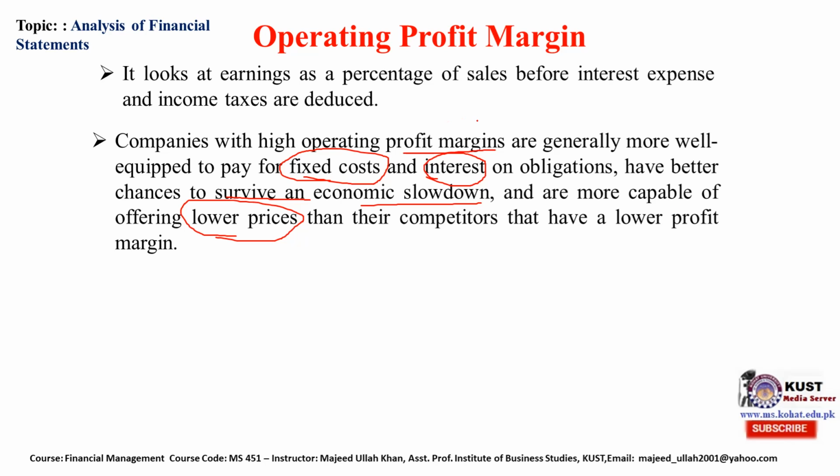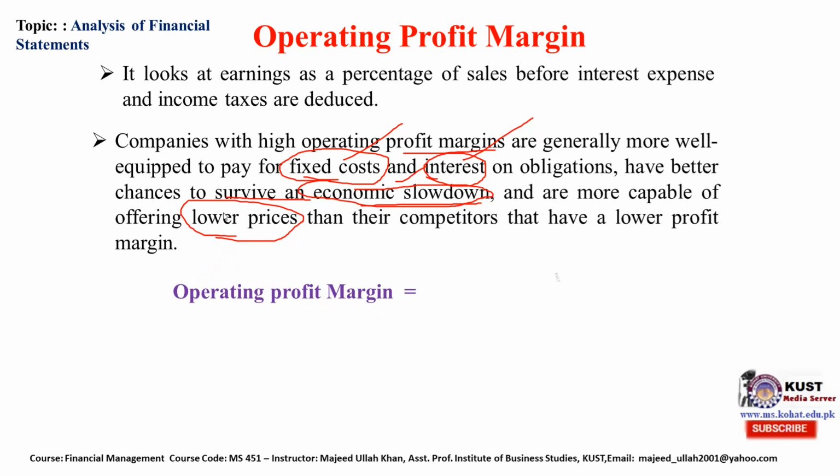So the company having a high operating profit margin can easily pay its fixed costs and its interest on obligations, is in a better position to combat economic slowdowns, and is more capable of offering even lower prices than its competitors.